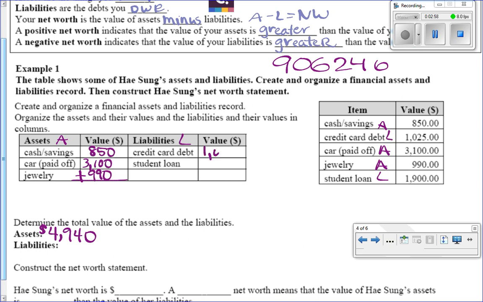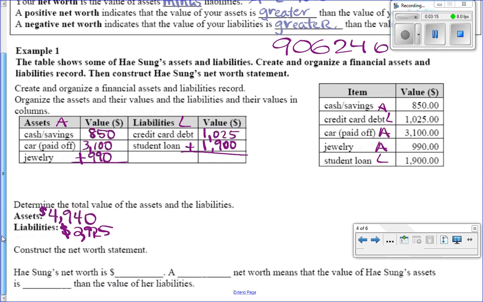Okay. Credit card debt is $1,025, and your student loan is $1,900. Let's get a total of our liabilities. $2,925. So to construct a net worth statement, what's our equation that we have to remember? Good.